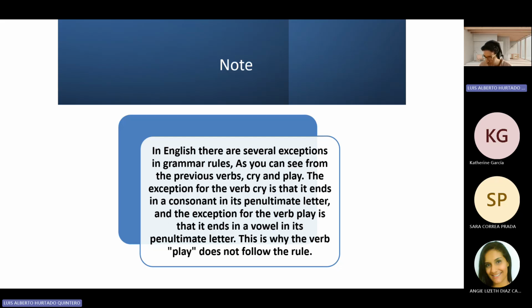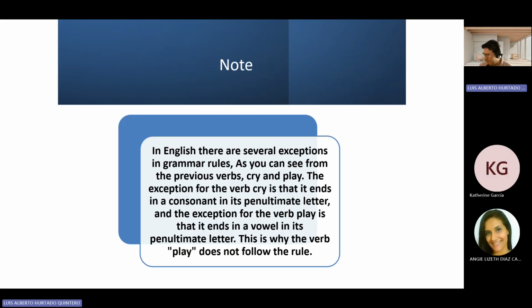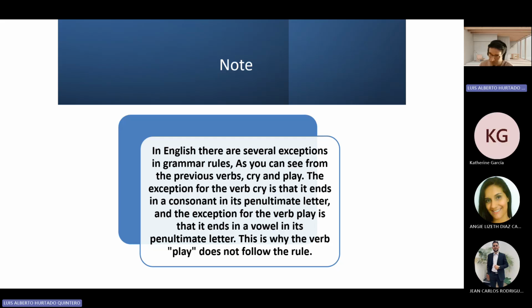But cry does not follow the same rule. You have to change the letter y for the vowels i and e and d, which is cried. English has several exceptions, and this is one of them.